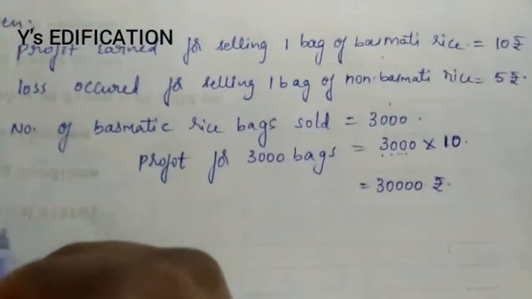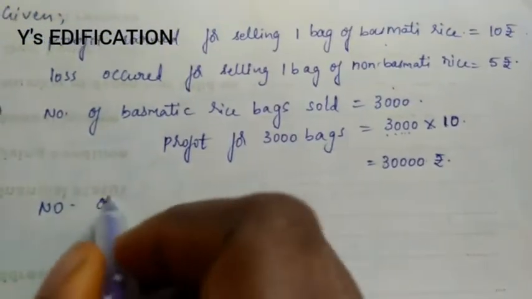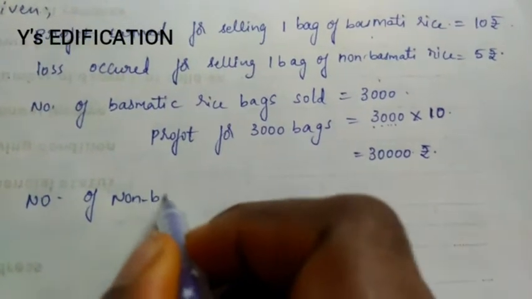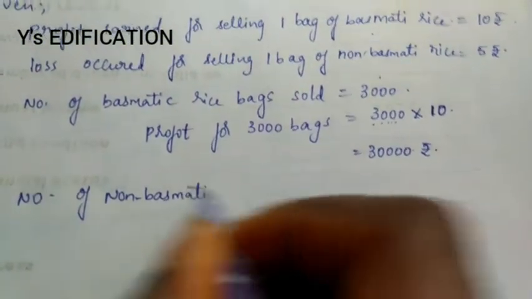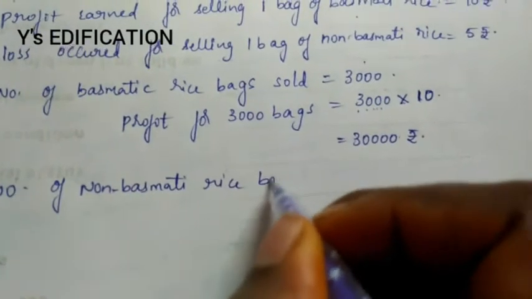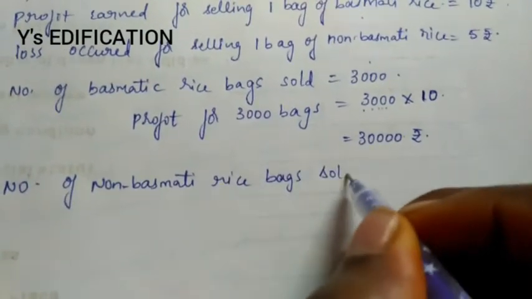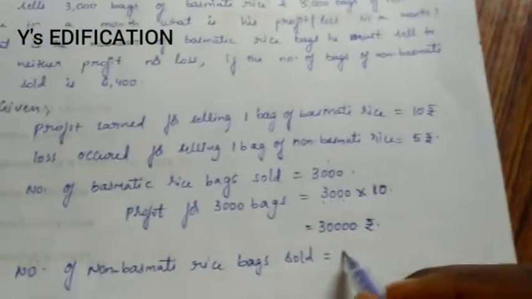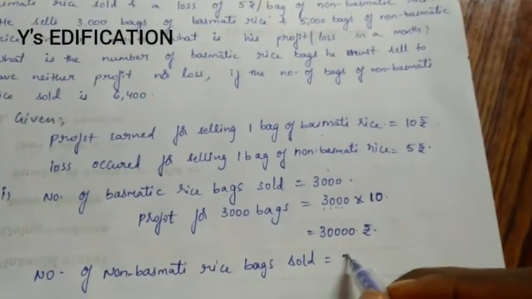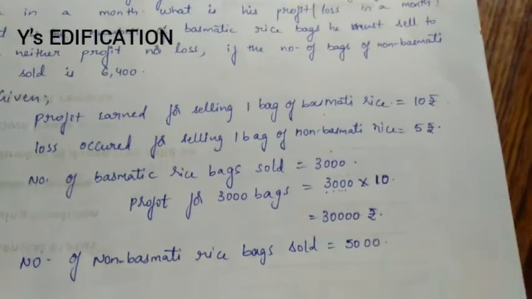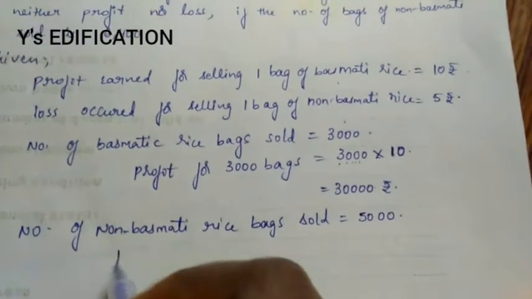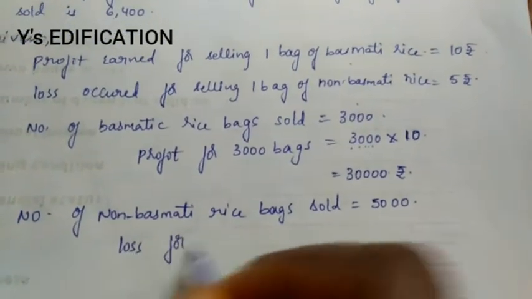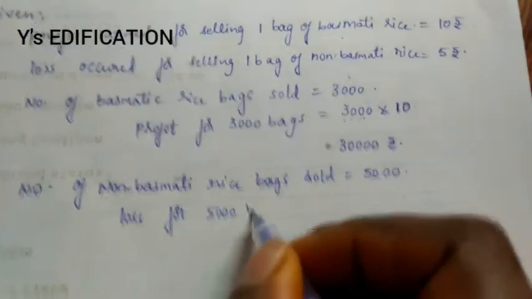Okay. Next, number of non-basmati rice bags sold. So how many non-basmati rice bags are sold? 5000 bags. Okay. So what is the loss occurred for 5000 bags?